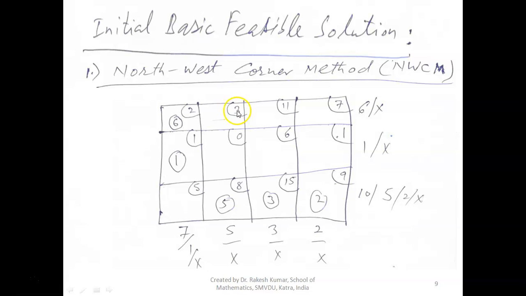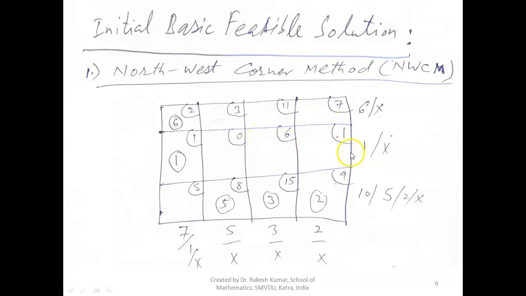It consists of C11 2, C12 3, C13 11, C14 7, and similarly. The numbers put inside this corner denote the Cij values, that is, the per unit cost of transportation.